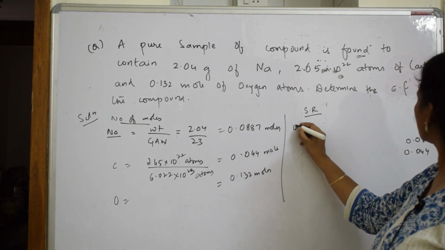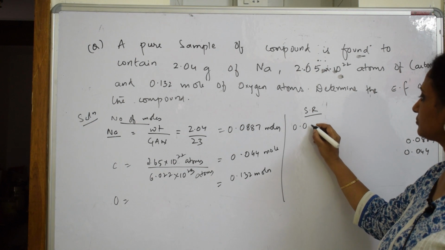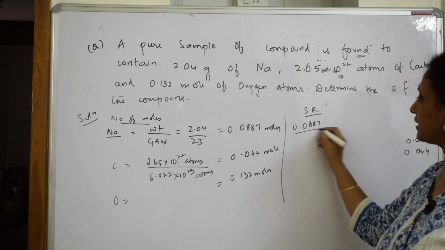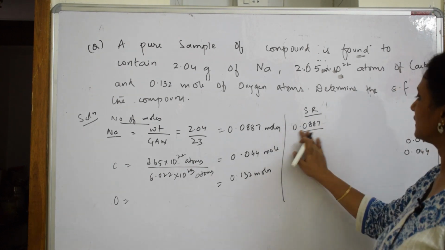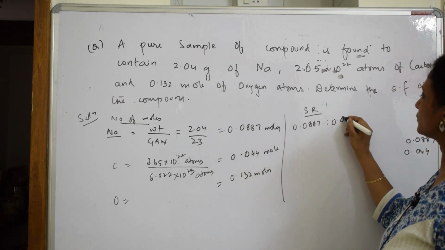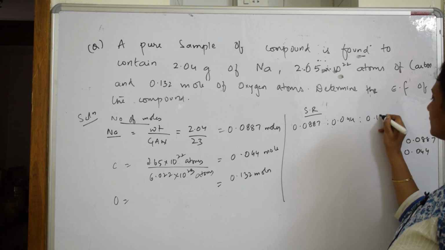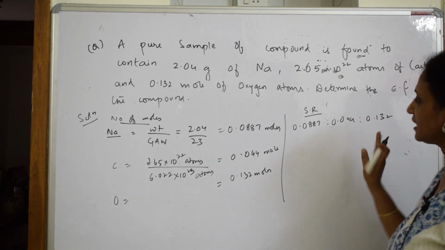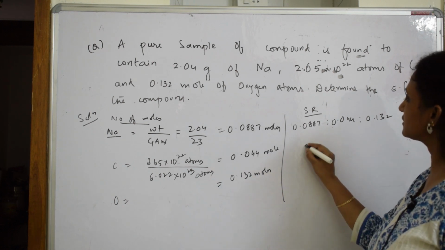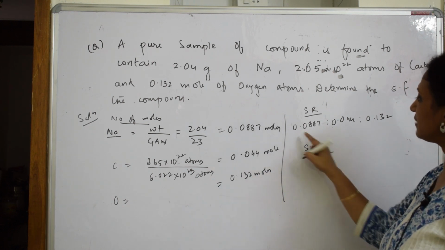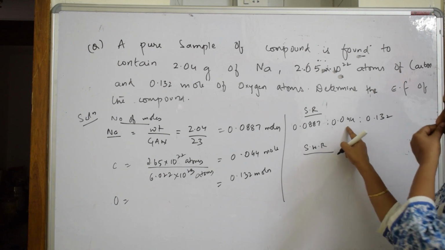Now divide. 0.0887 divided by, okay, you can also take the ratio first. I need to find the simplest whole number ratio, so divide with the minimum value. In this case, this is the minimum value.